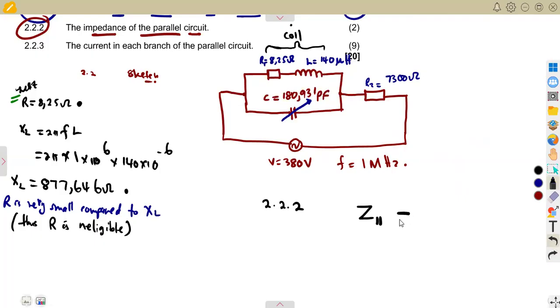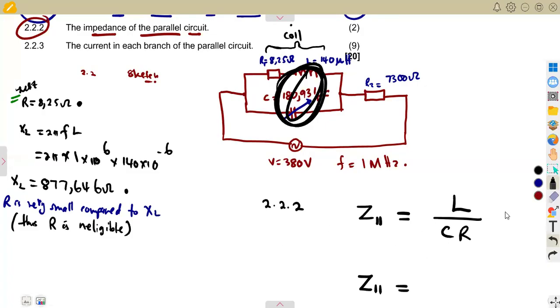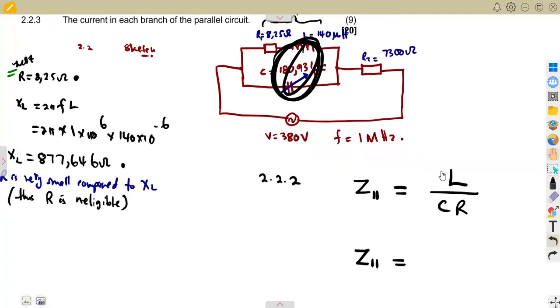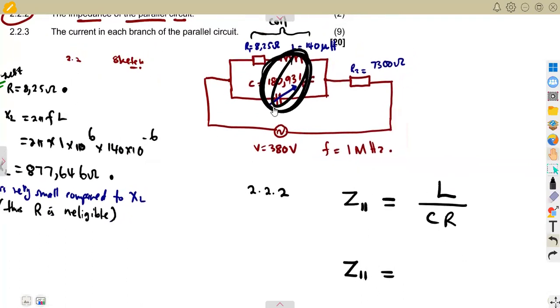So you are going to calculate the Z dynamic, which is L over CR, or RC, which is the dynamic impedance. That is the impedance of the parallel circuit because it's at resonance. Just like that. So using this formula is straightforward. Just substitute L and everything we have. Look now, guys, I circled this.